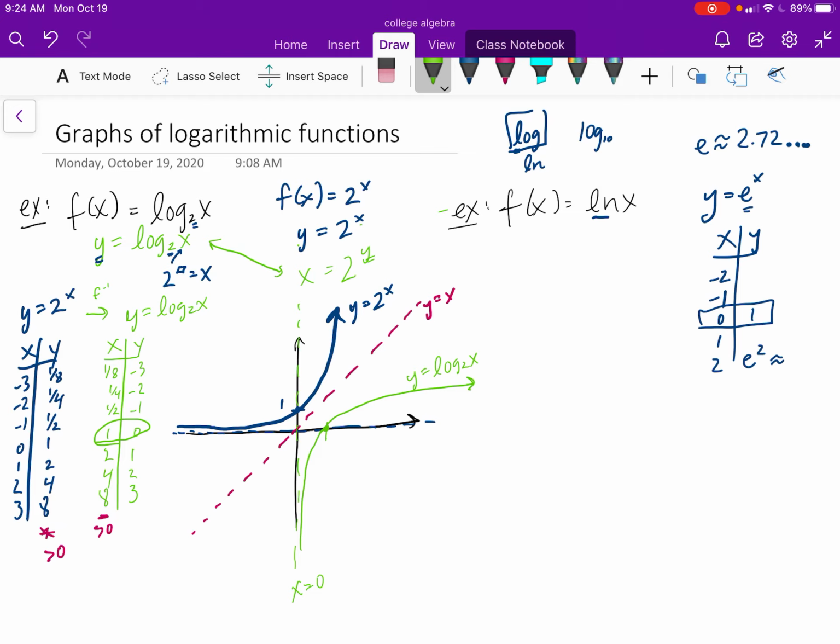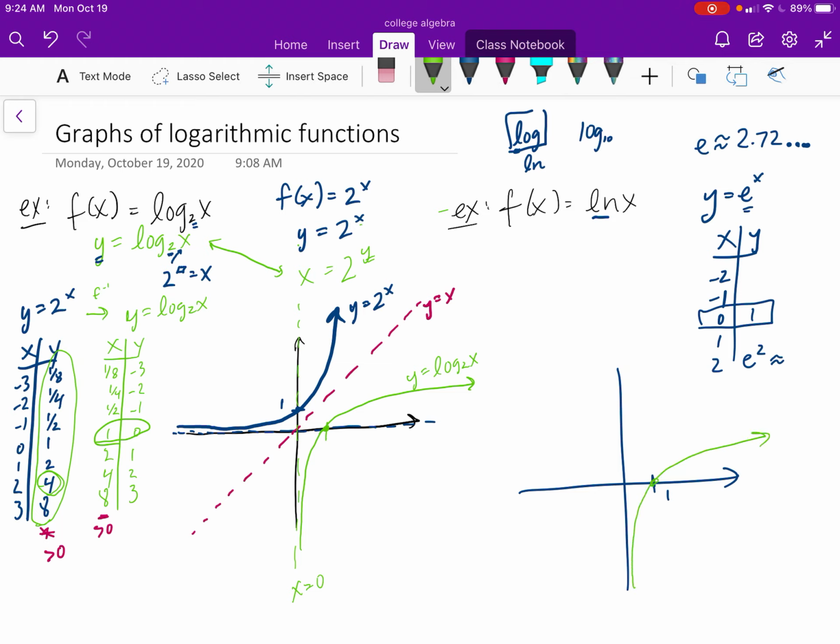I'm saying e squared is approximately 9. It's like 8 something, right? So these values here are different, but it still has the same general shape. So when we go to graph this, the important point is right there at 1, 0. Everything else looks really close.